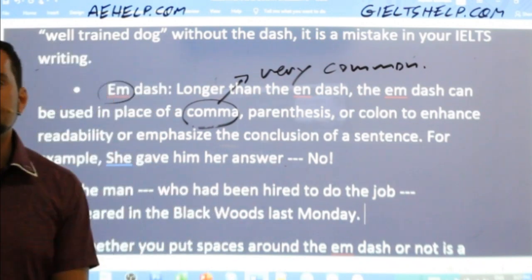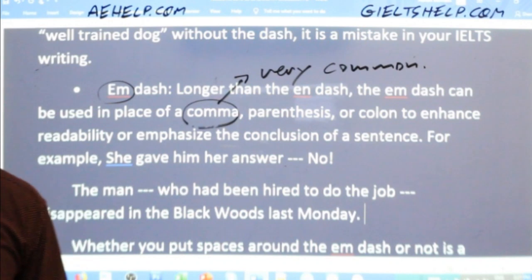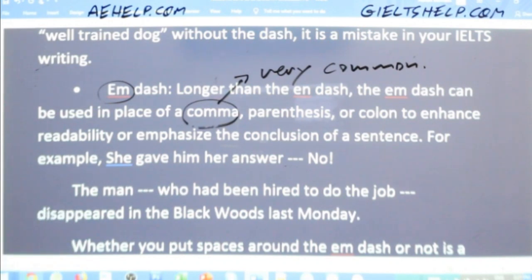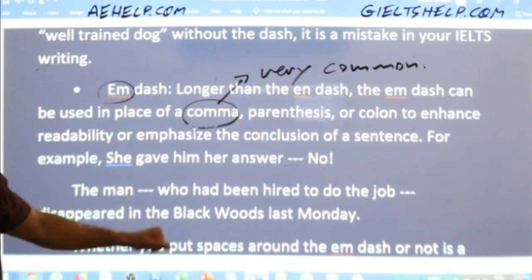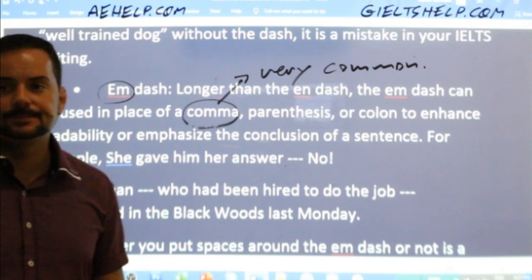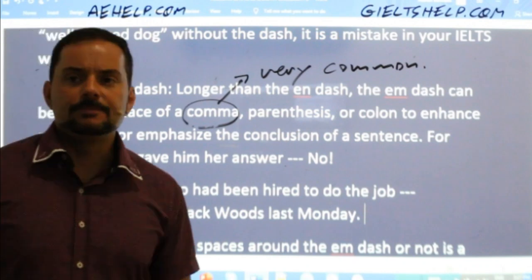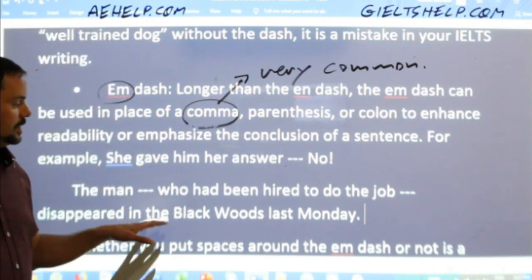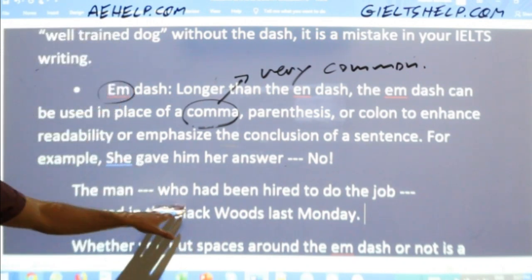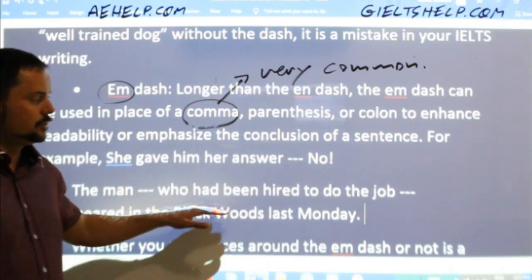Why do you think that is? Why am I choosing an em dash here instead of commas? Yeah, Hermes, to give non-essential information, so it's an additive clause, but it's relevant to what I'm saying.